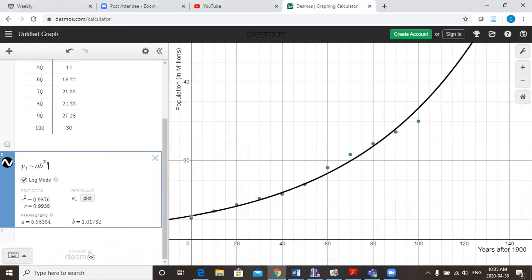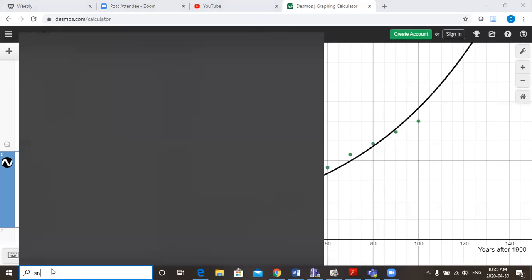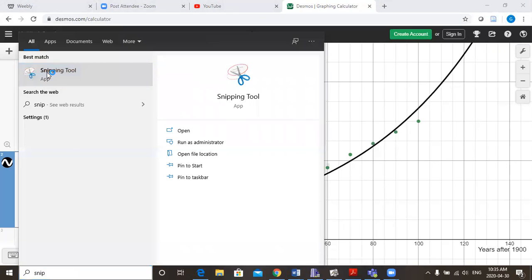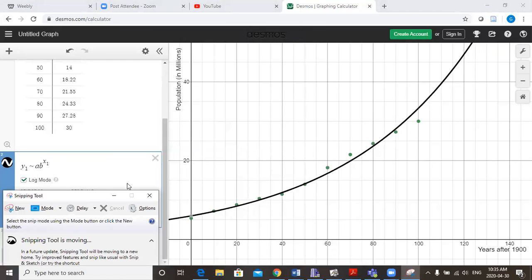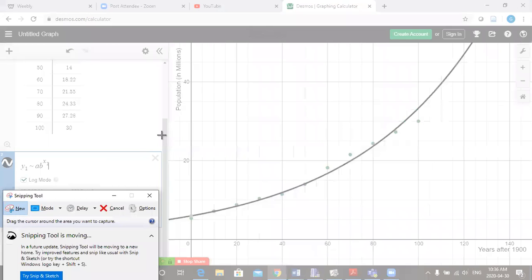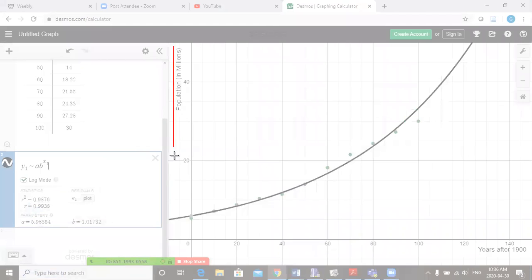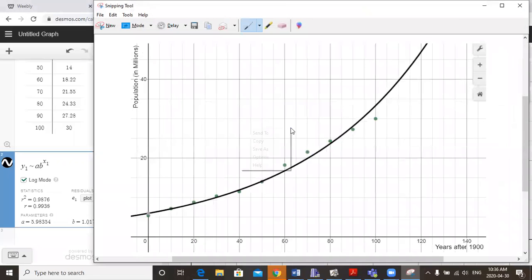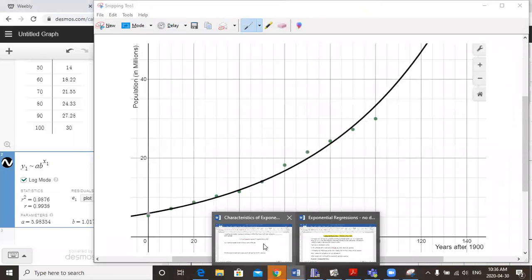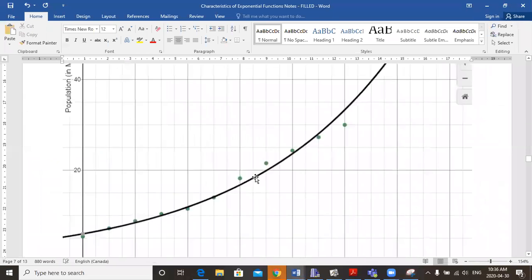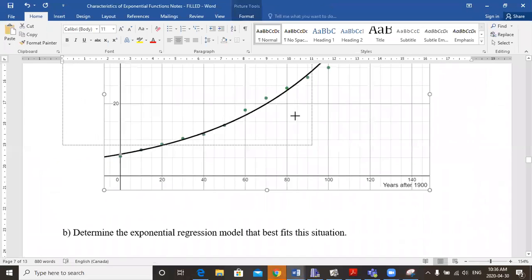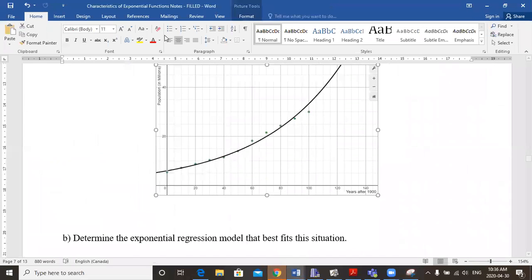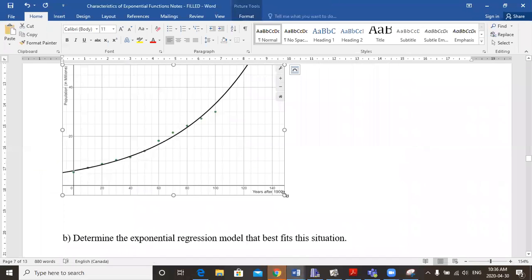So I'm going to go to Windows Snip, and we'll snip the graph. Make sure that we get the labels good, copy and paste. Make that a bit smaller, doesn't need to be that big, and make that left justified. Okay, so we have our graph.